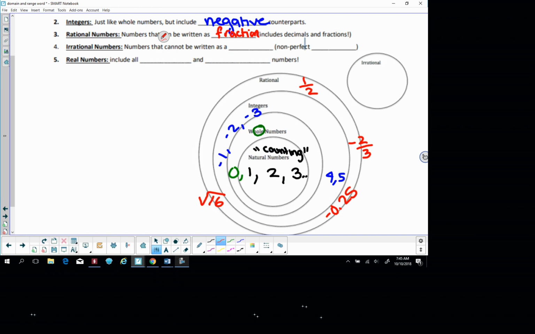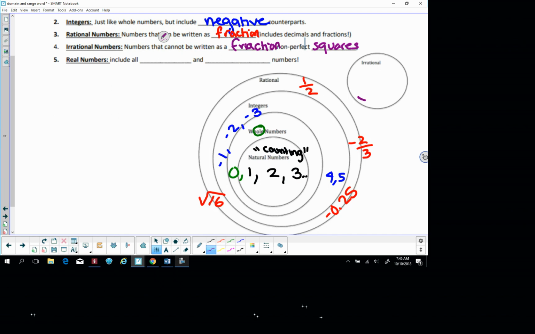Here, whole numbers start with 0 and work their way up. Irrational numbers are numbers when you put them in the calculator, remember they're non-terminating decimals. They go on forever and ever and ever. Or non-perfect squares. They cannot be written as a fraction.